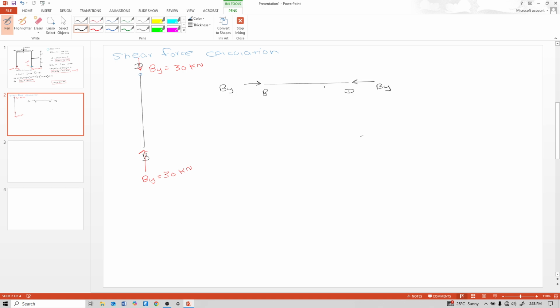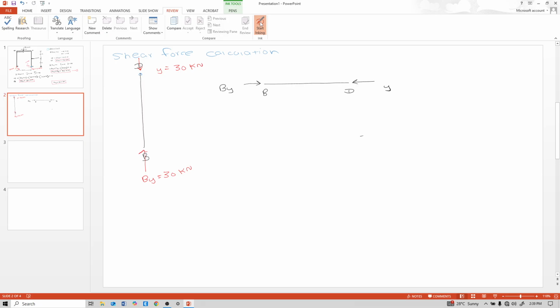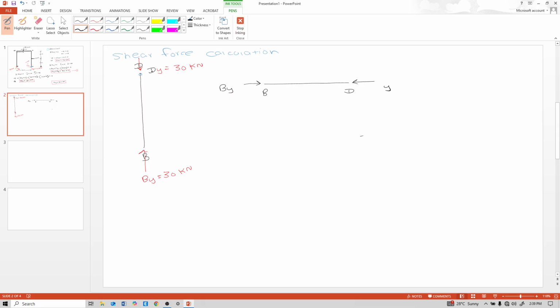Consider this as a Dy. Magnitude is same, remember. See, this BD has only axial reactions, By and Dy, but BD doesn't have a transverse reaction.